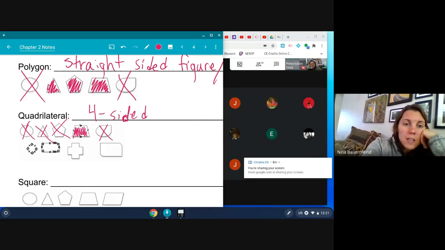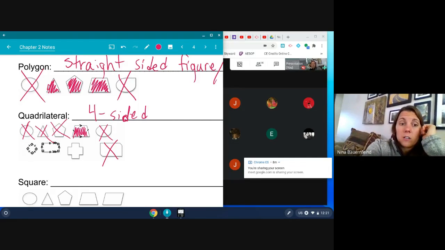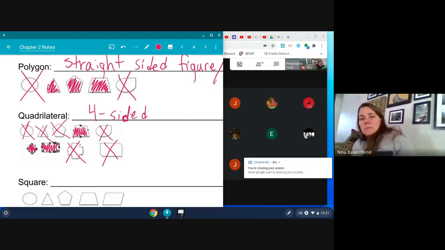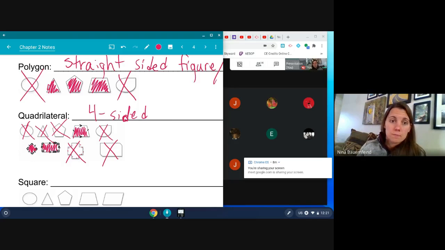No. This one's tricky. There's two extra sides right there, so this is a no. This one's got a ton: 1, 2, 3, 4, 5, 6, 7, 8, 9, 10, 11, 12. No. This has four. It's a rectangle. And this has four. So those are quadrilaterals.